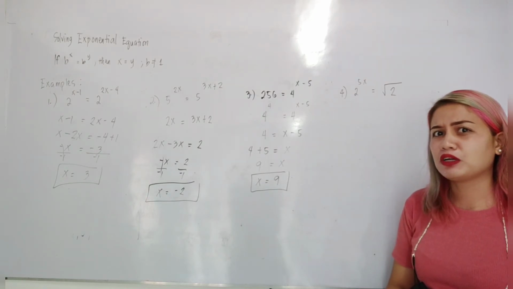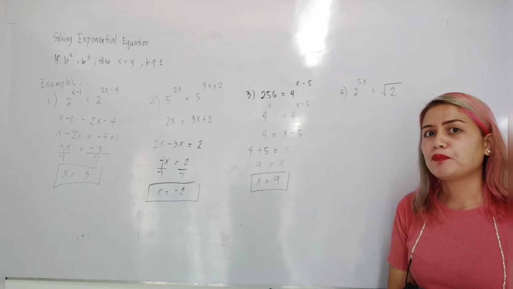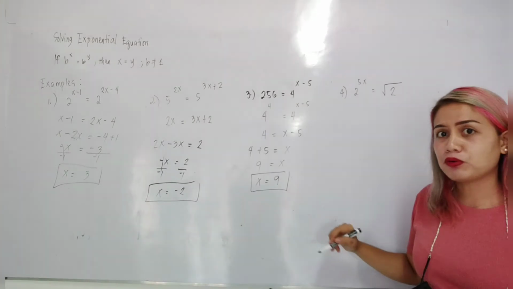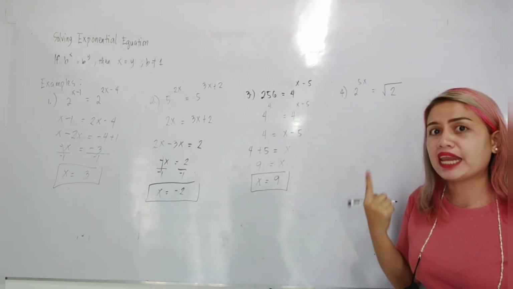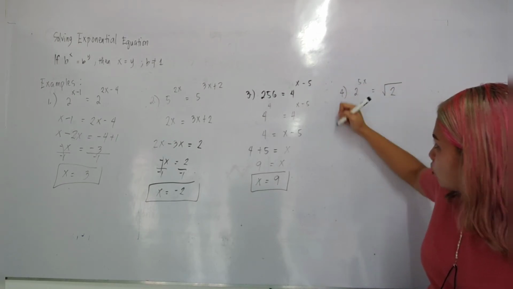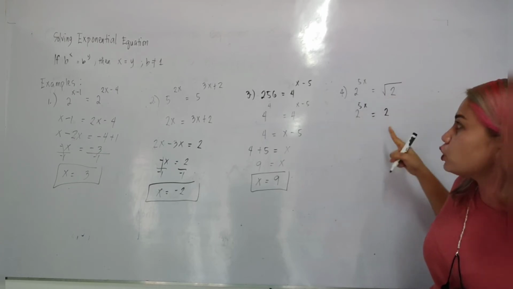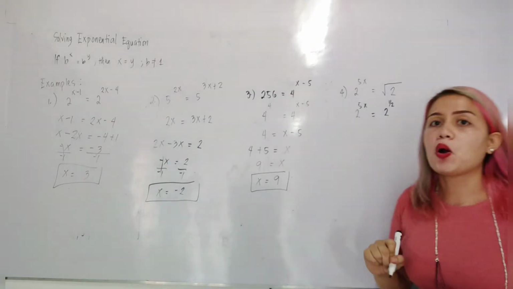I know that you are confused on how to transform the square root into exponential form. Remember that a square root can be written as an exponent of 1/2. So you just copy 2 to the power of 5x.